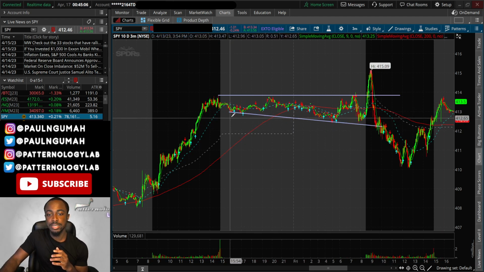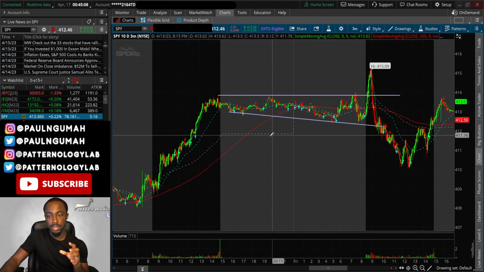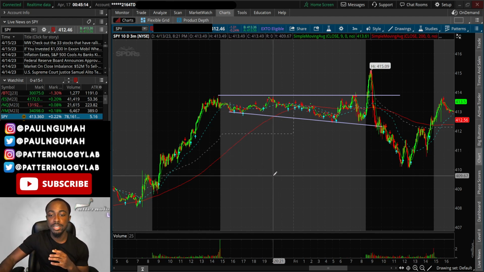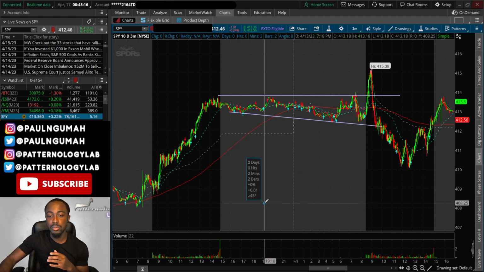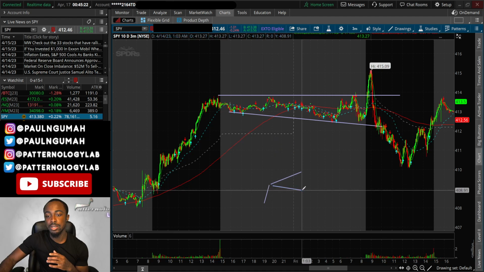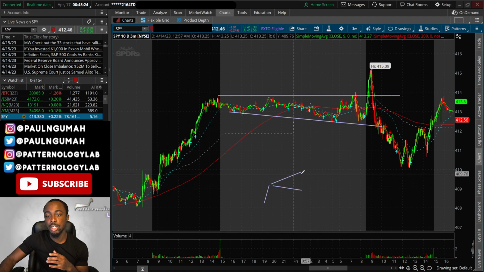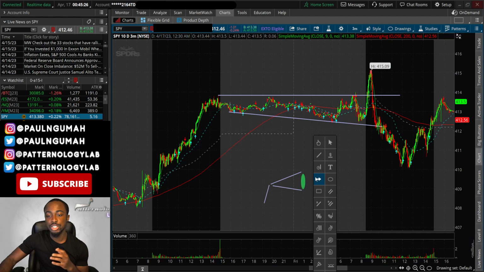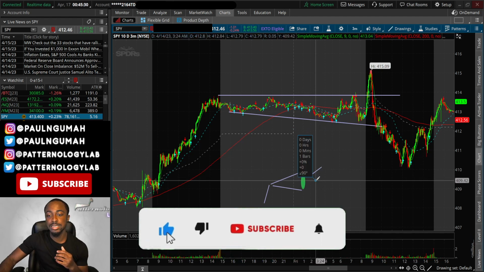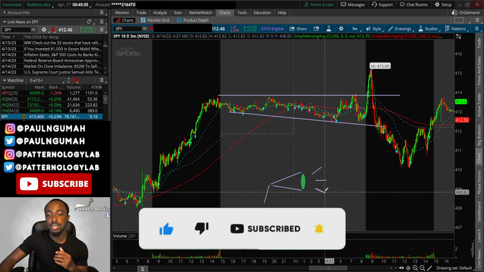The reason why I don't call this a bull flag or a bullish rectangle is because of the angle at which the bottom line is going. Now this is a typical megaphone. If you look at pictures of a megaphone on Google, they look like this, and then there is the opening here, and there's usually a depiction of sound going out like somebody is speaking into the megaphone, right?